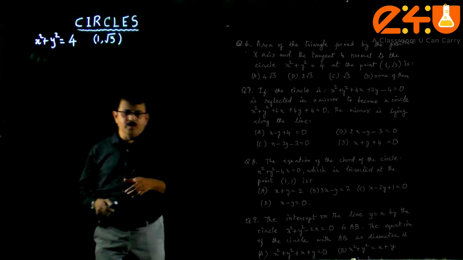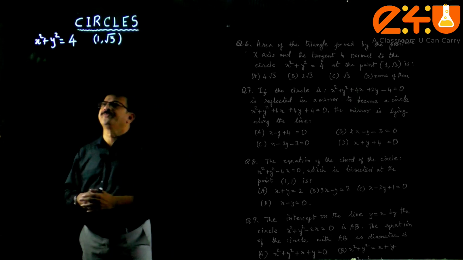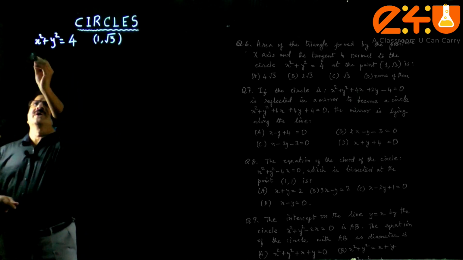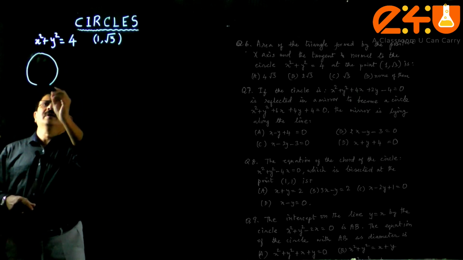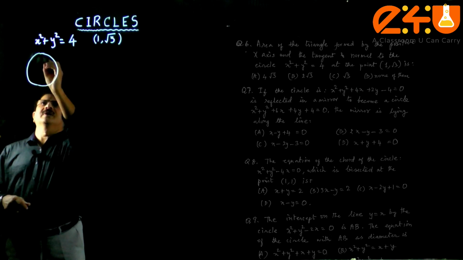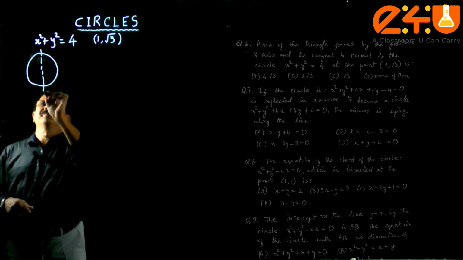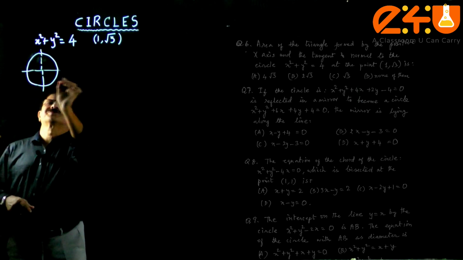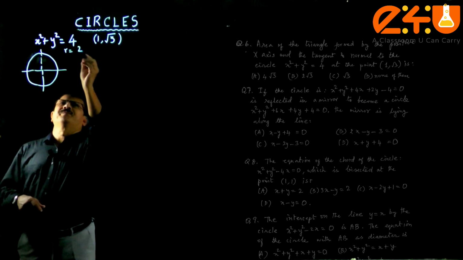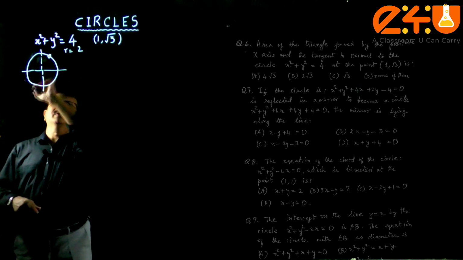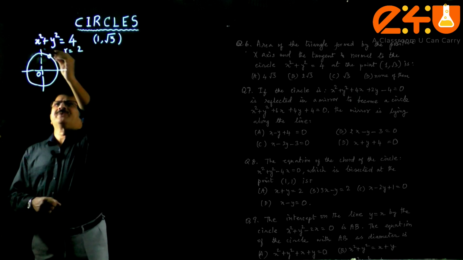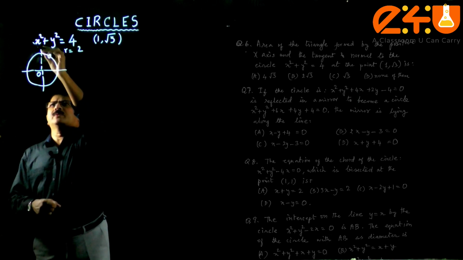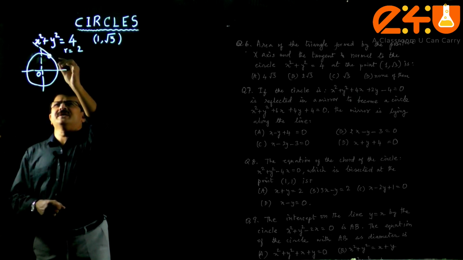Well, you are forming a triangle. If I make a rough sketch of the question, it's a basic circle, having center at origin and the radius is 2. There is a point 1 comma root 3 on the circle. We are expected to make a tangent at that point.